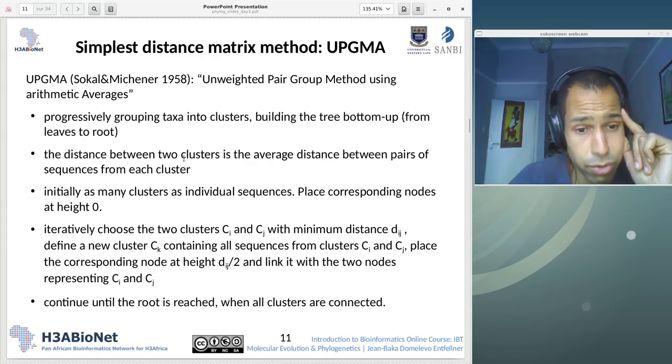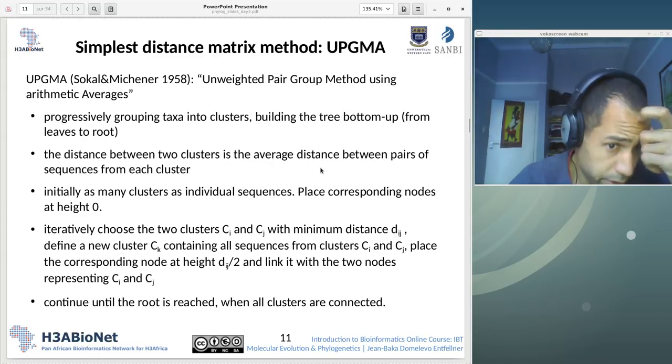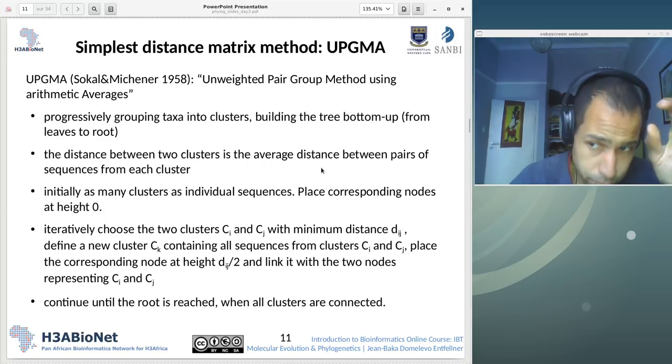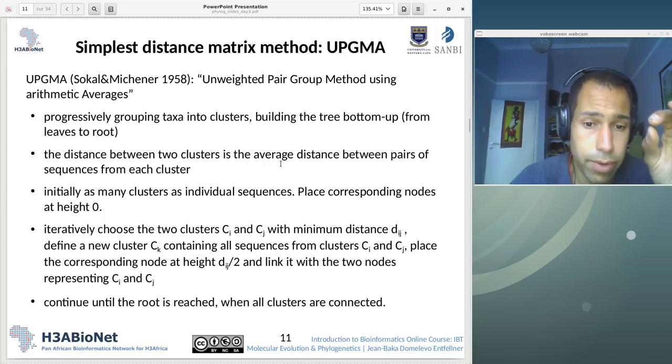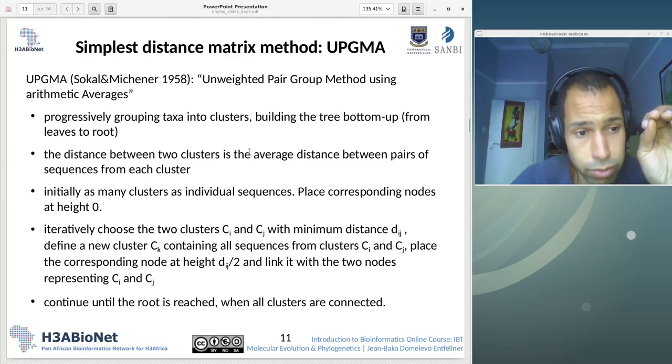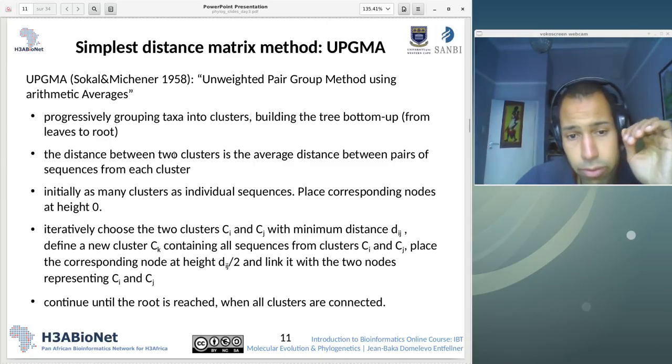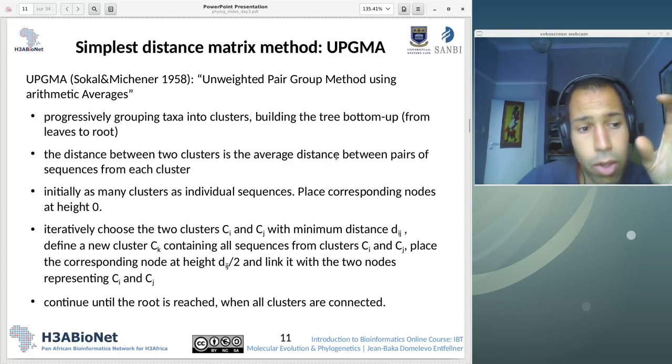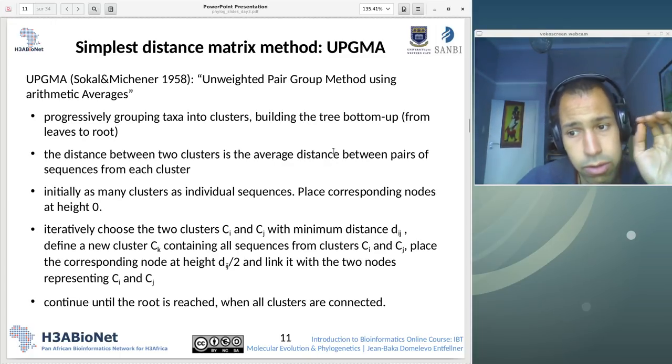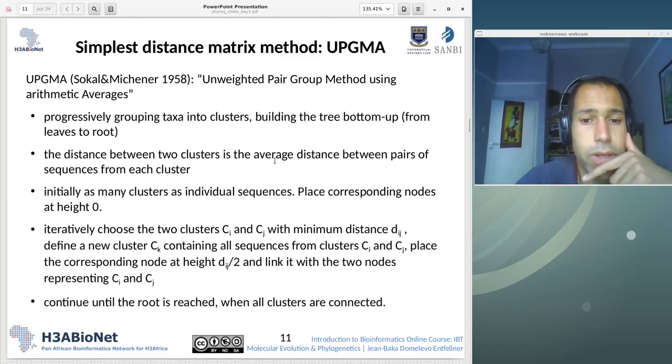The distance between two clusters is the average distance between pairs of sequences from each cluster. Okay, you're going to build these clusters gradually according to this, and you're going to determine the branch length of the new branches that you build according to this rule. Distance between two clusters is the average distance between pairs of sequences, one in one cluster and one in the other cluster. Okay, that's the rule to calculate the branch length for the branches that you're going to add progressively to your tree being built.